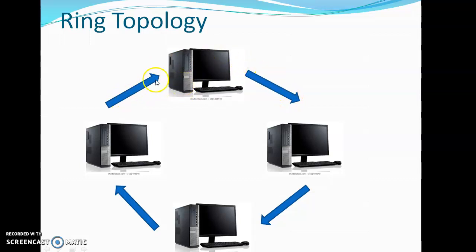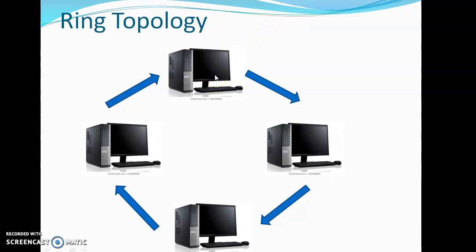Now regarding the flow of data, your ring topology will transmit the data in only one direction. If it's clockwise, everyone has to go clockwise. If it's anti-clockwise, then everyone has to send messages in the anti-clockwise direction.